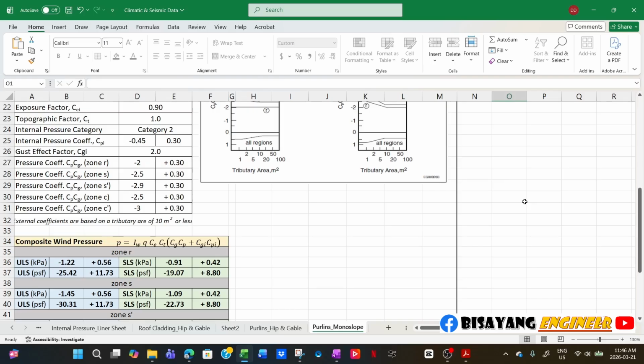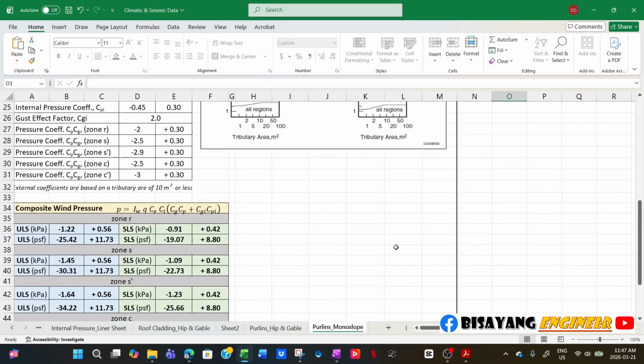Then I keep changing the values, running parallel calculations, manual and spreadsheet, maybe 5 trials with different conditions, changing the slope, the area, the configuration, whether it's monoslope, gable, or hip and gable. If the results remain equal in both spreadsheet and by hand, then you can say that your spreadsheet is correct.